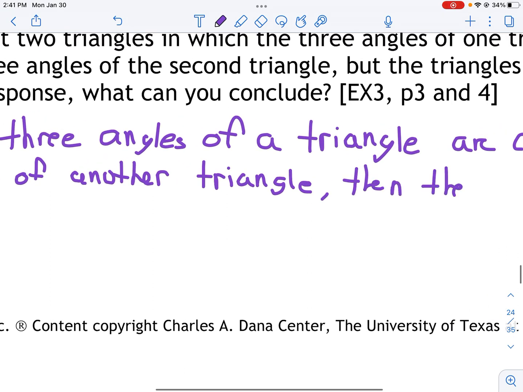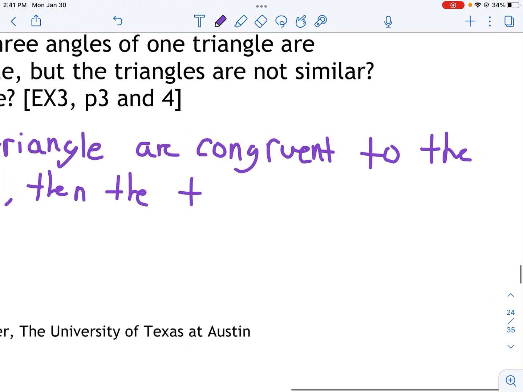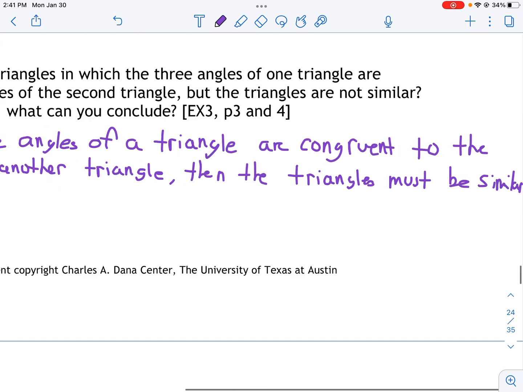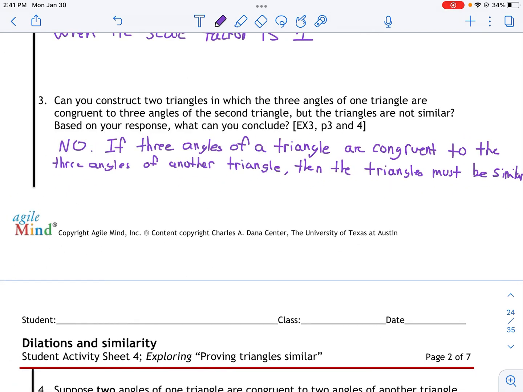So I'm just restating our statement, right? Then the triangles must be similar. It's impossible not to be. They must be similar. Okay?